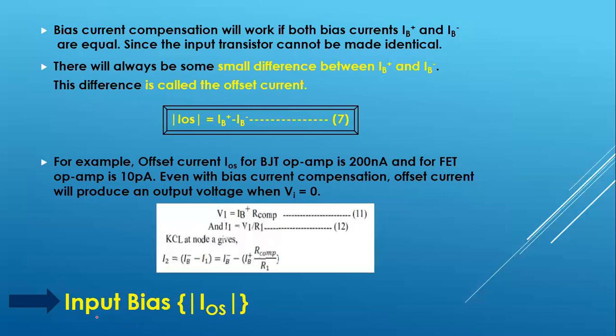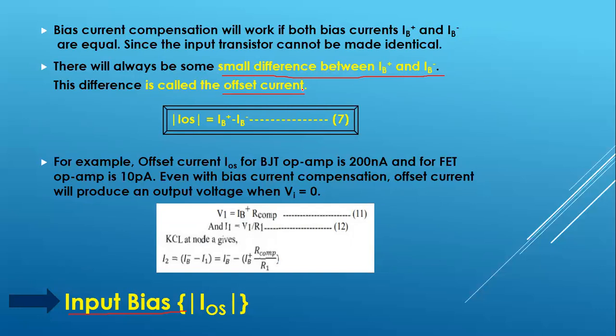Next, we are going for input offset current, which is denoted as IOS. Input offset current is nothing but the small difference between IB plus and IB minus. This difference current is said to be the input offset current.